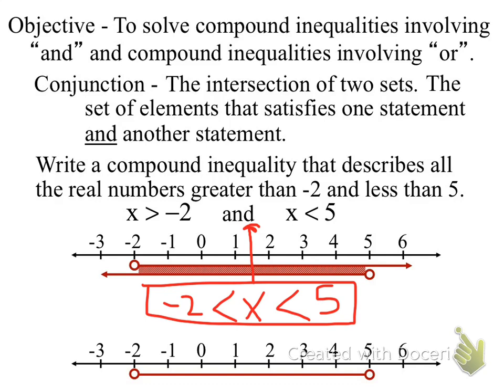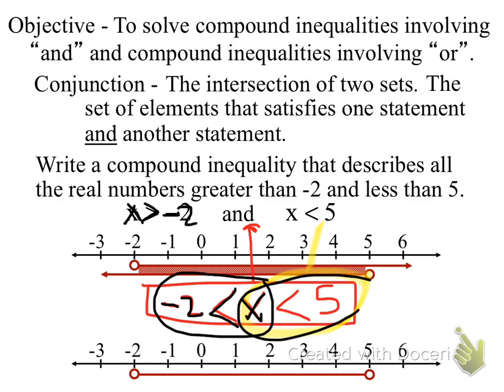Doesn't this right here mean the same thing as this? Yeah. And then this right here, that's the left side. Notice x is greater than -2, isn't that the same thing? -2, -2.